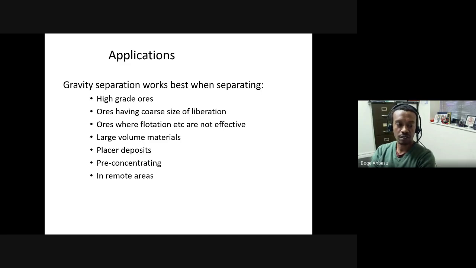In flotation, as I mentioned, we mainly use surface characteristics of ores. So in this case, maybe you have the target commodity like copper or gold or zinc in a sulfide mineral, which then becomes a lot easier to float. But there are some ores where flotation is not applicable. So in those cases, maybe the option is to look for other separation methods like gravity separation.